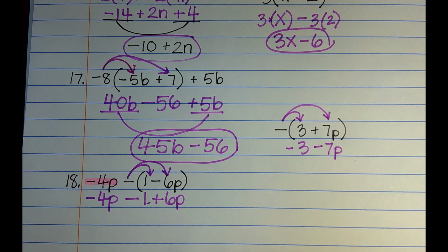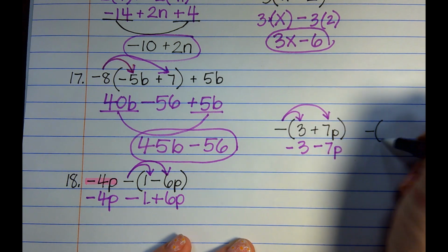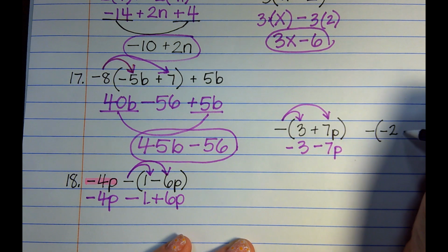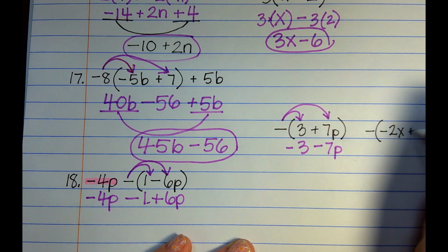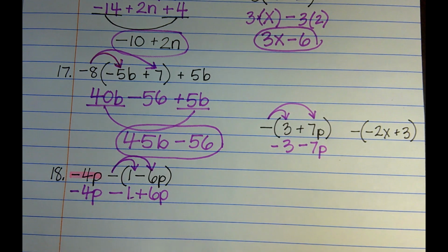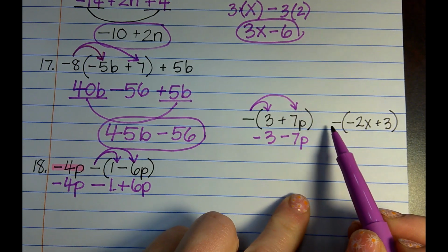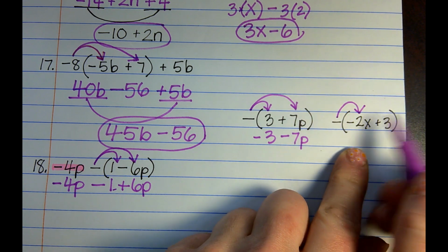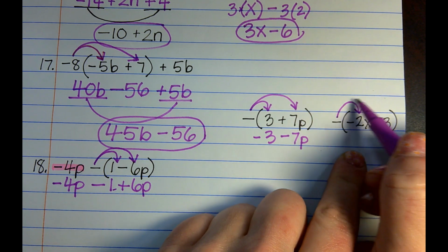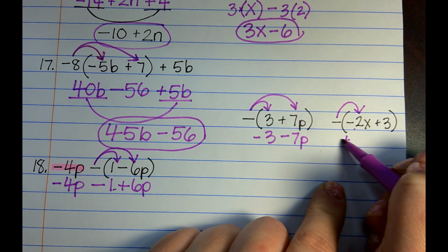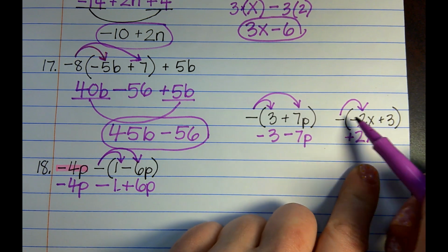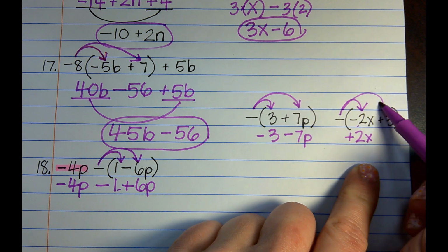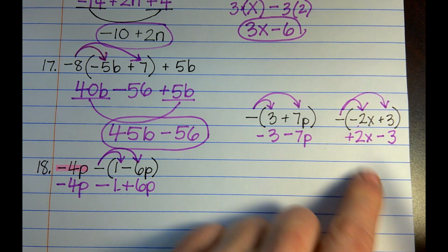Good. Here's another example. 2x, so minus 3. I just changed the sign of everything in the parentheses. I take the negative 2x, it turns into positive 2x, and then this changes from plus 3 to minus 3.